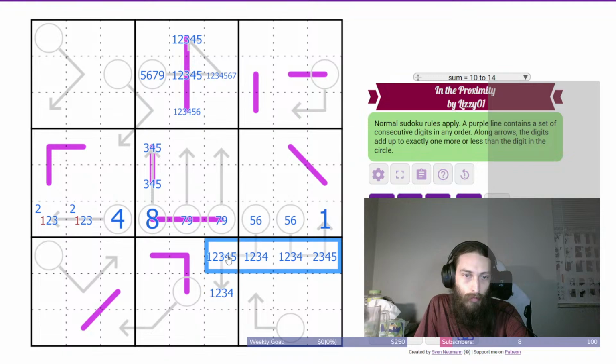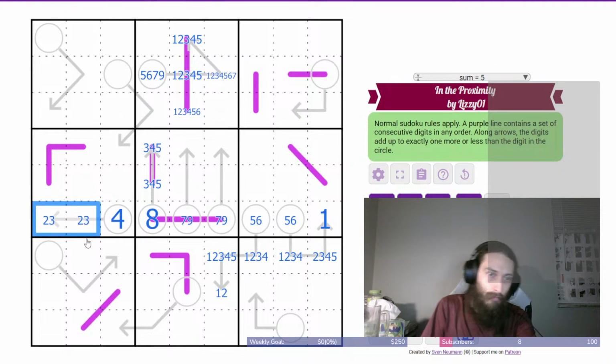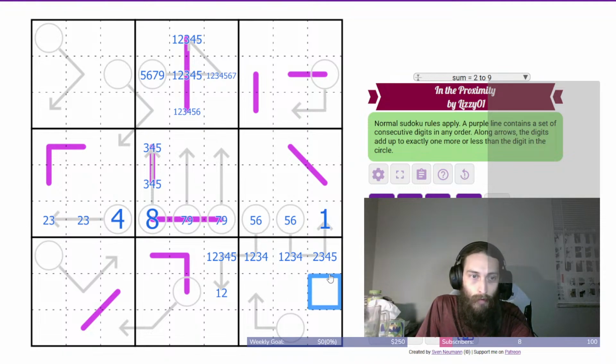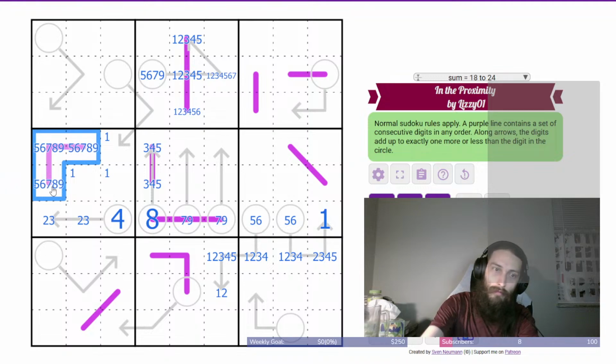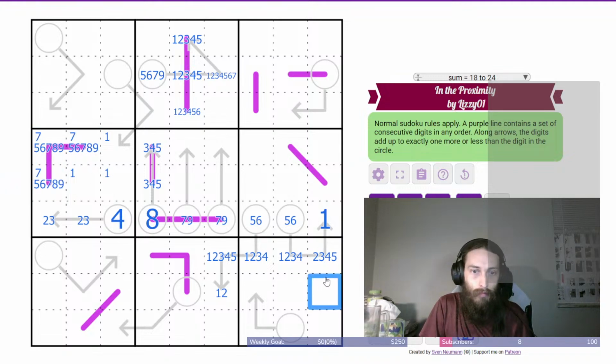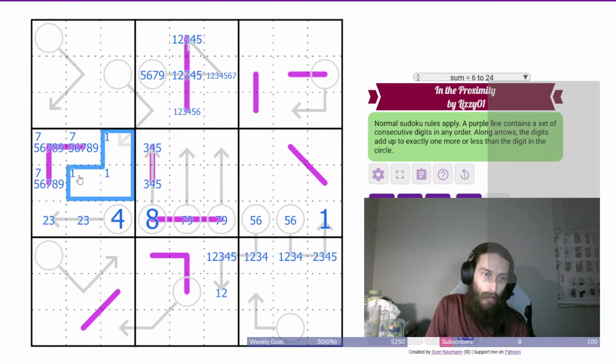And I could put a 5 in here, but this is 1 or 2. 2 or 3. Renban can't be 1, because that would run into 2, 3. 2, 3, and 4 means the minimum here is a 5.